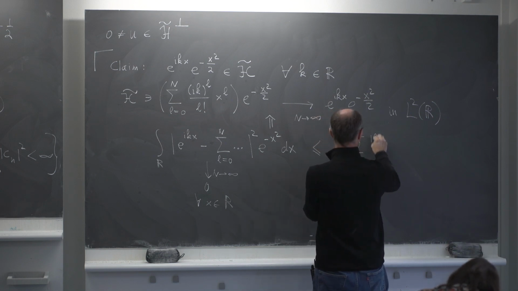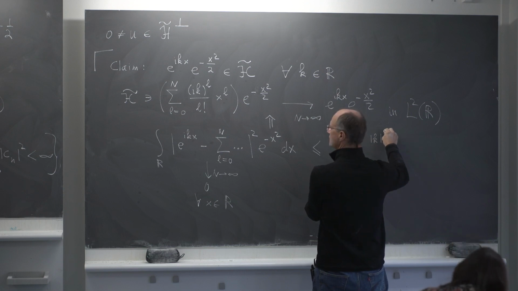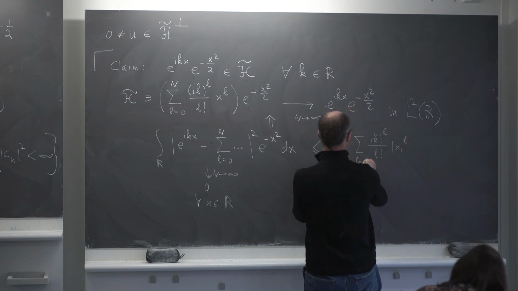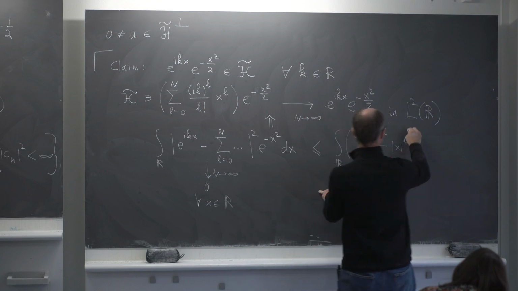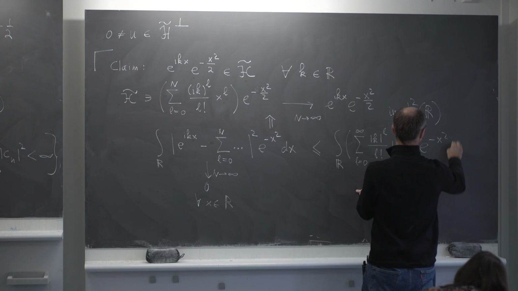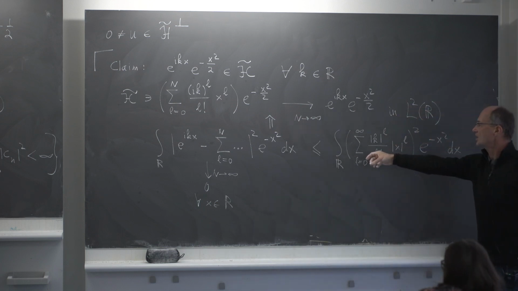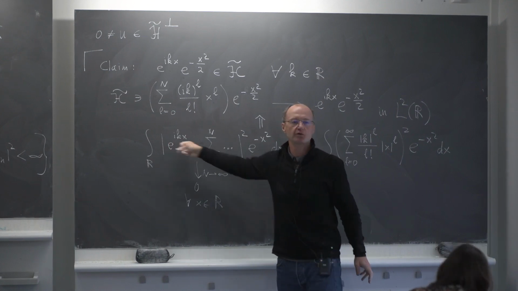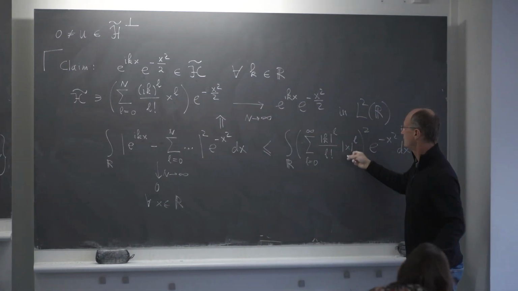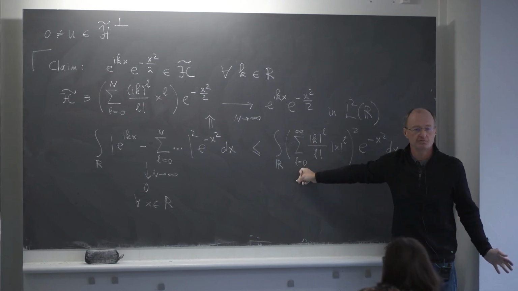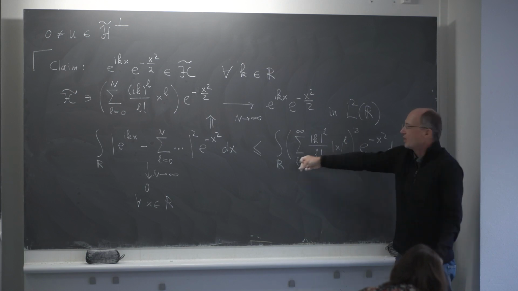Let me take the sum of |k|^L x^L over L factorial, from 0 to infinity, and this is squared. You see, I replaced all the terms in the tail of the series by their absolute values, and I even added all the terms starting from 0. I could only make it bigger.